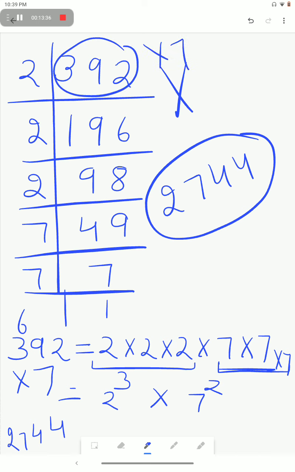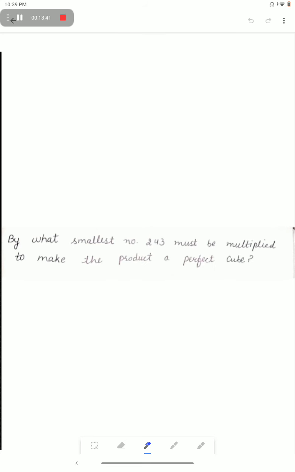Okay. Now we will consider one more question on this concept. Now the question is, by what smallest number must 243 be multiplied so that the product is a perfect cube? First of all, we will have to find the prime factors of 243.